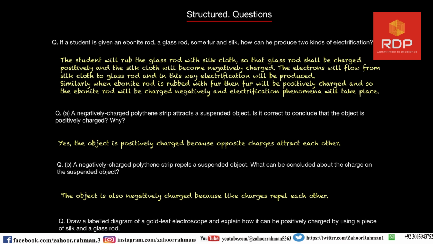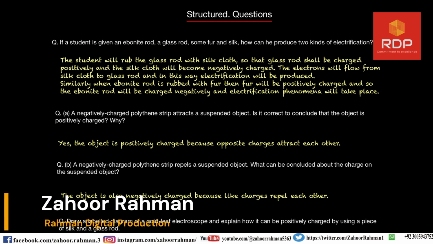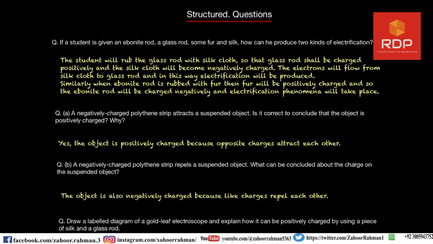So I told you in the multiple choice question to keep in mind that when the glass rod is rubbed with the silk cloth, the glass rod will be positively charged and the silk cloth will be negatively charged. So if they have opposite charges, electrons will flow towards the positive charges and electrification will be produced.